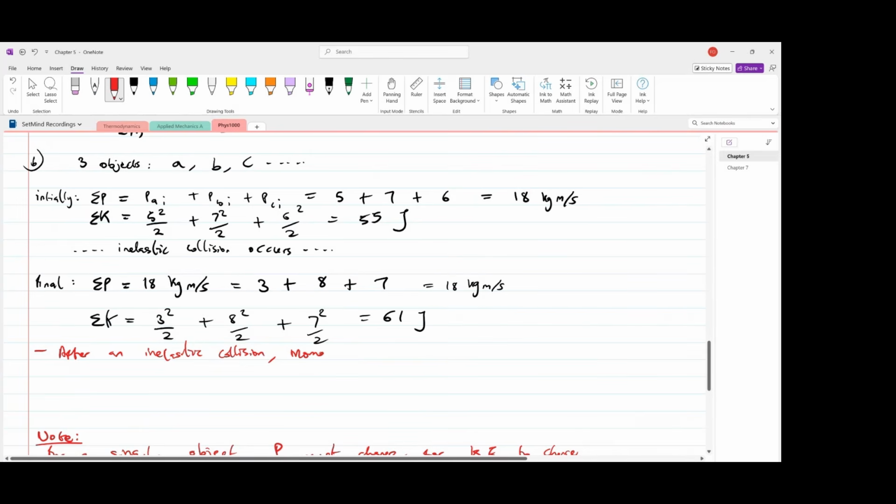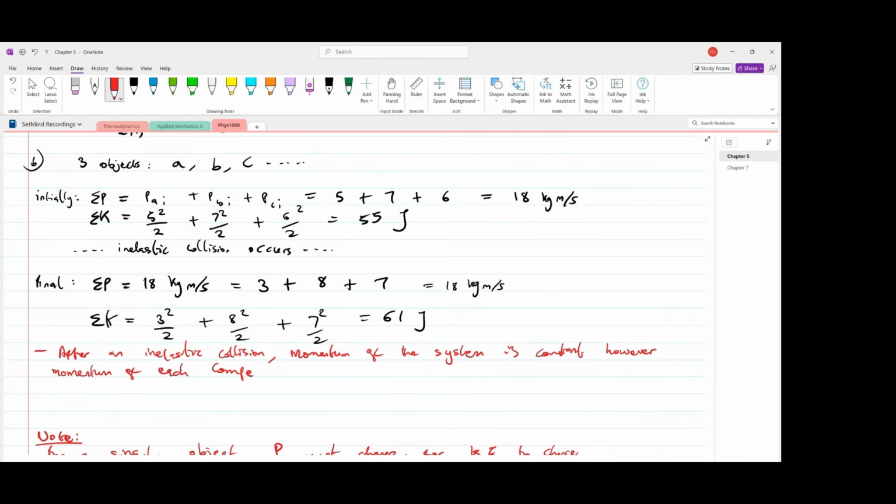Momentum of the system is constant. However, momentum of each component of the system can change, right? That is possible.